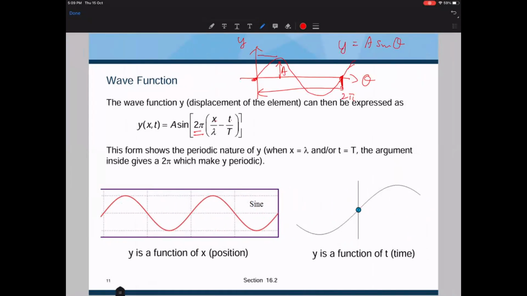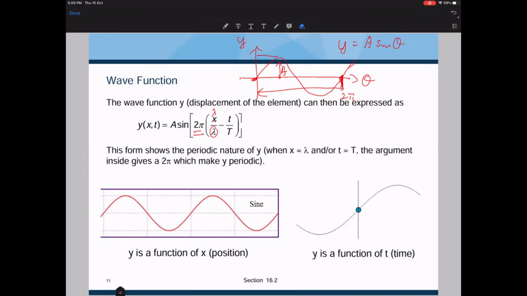So if x is equal to lambda, the wave would repeat itself. That explains why we have x divided by lambda. And in a certain way, we could also understand why we put small t over large T. Small t corresponds to time, large T corresponds to the period.